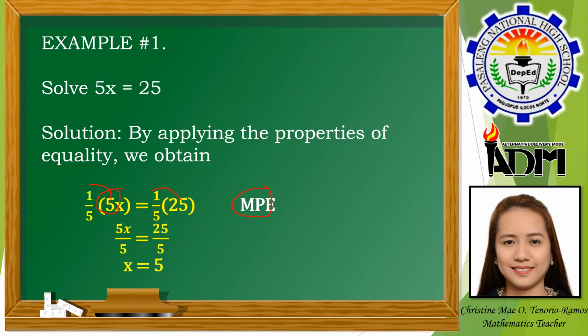So i-try natin, i-substitute natin yung 5 dito. 5 times 5 is equal to 25. So, true. Tama yung solution natin.